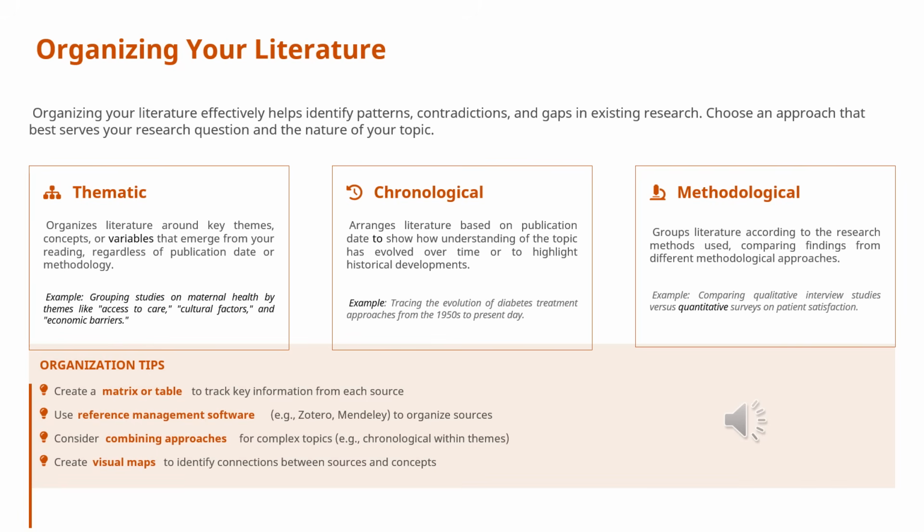For the thematic organization, usually it organizes literature around key themes, concepts, or variables that emerge from your reading, regardless of the publication date or methodology. Example is, for instance, grouping studies on maternal health by themes like access to care, cultural factors, and economic barriers.